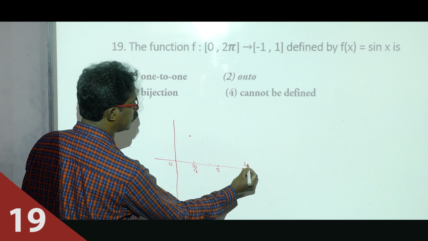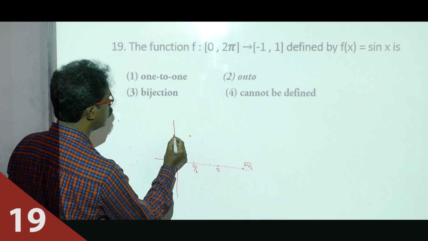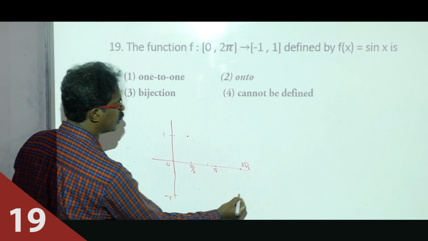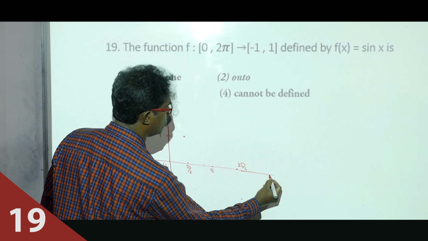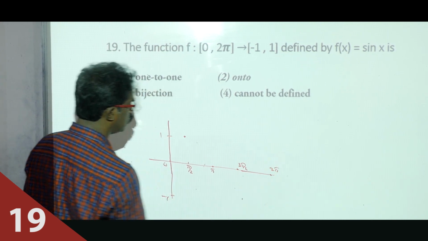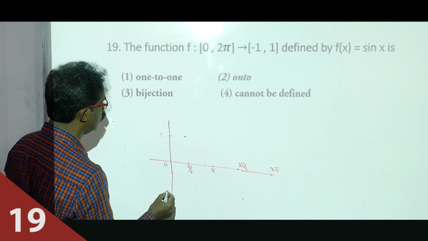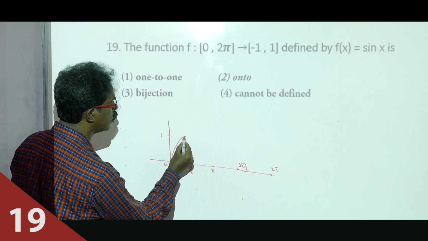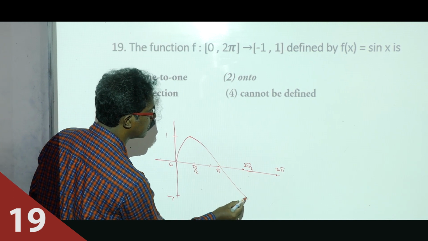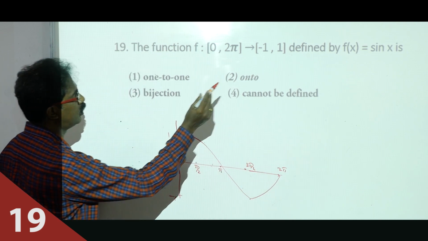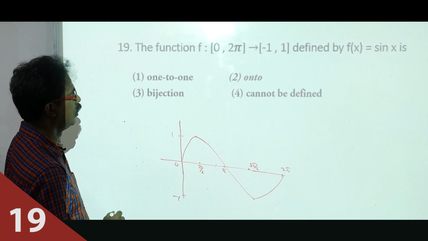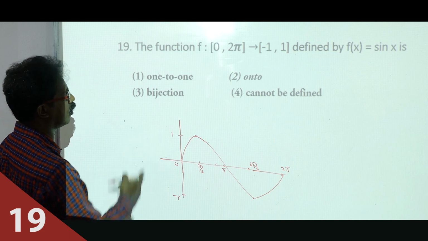Sin 270 is minus 1. And sin 2 pi is again 0. So if you draw the sine curve, it will be like this. So this is the sine curve, 0 to 2 pi, with values from minus 1 to plus 1, right?